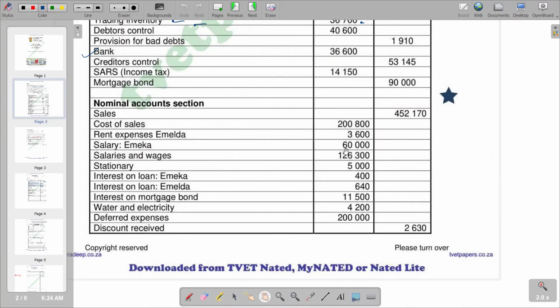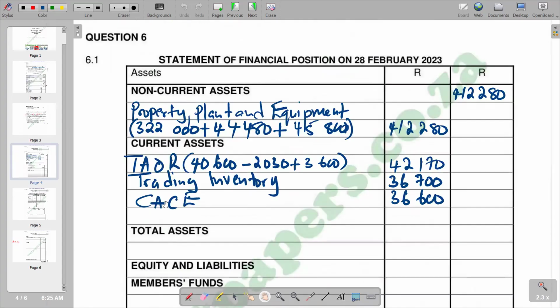That's why we didn't include it under trade and other receivables, because it's not a receivable in terms of trading. So we're classifying it on its own. We have got 200,000, so we're saying deferred expenses. So we also have deferred expenses here.